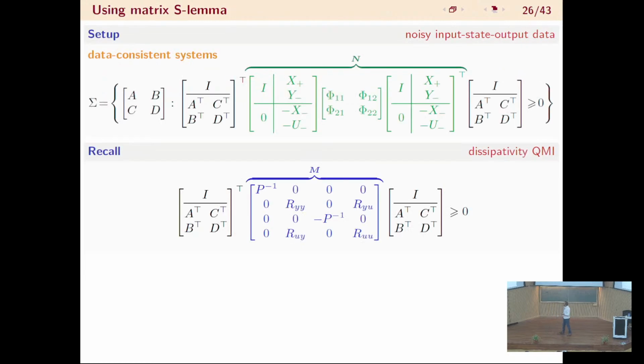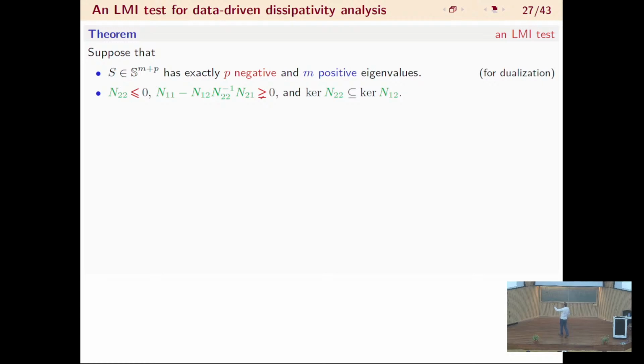But there is a catch, of course. This is valid only if P is positive definite, P is non-singular, and S is non-singular. So I have to make some assumptions to guarantee that. And here are the assumptions. If the supply rate has exactly P negative and M positive eigenvalues, then it's going to be non-singular. And then one can also show the storage function needs to be positive definite.